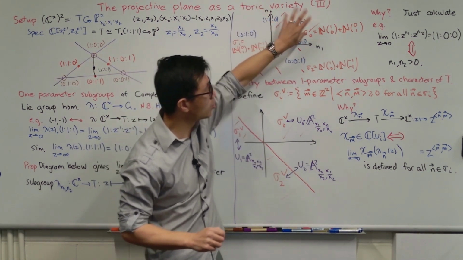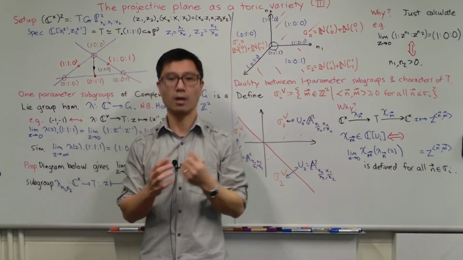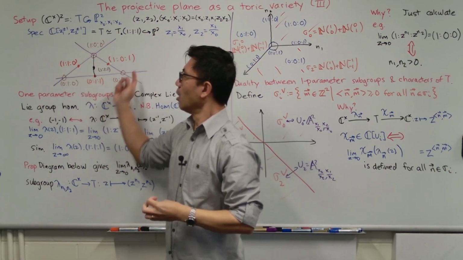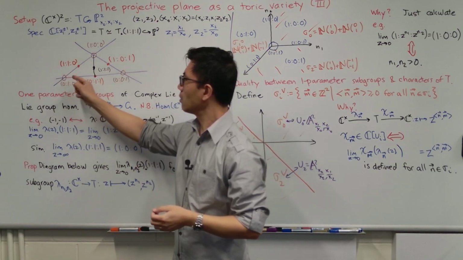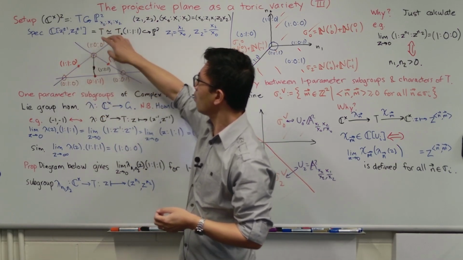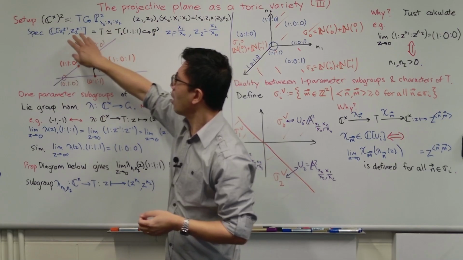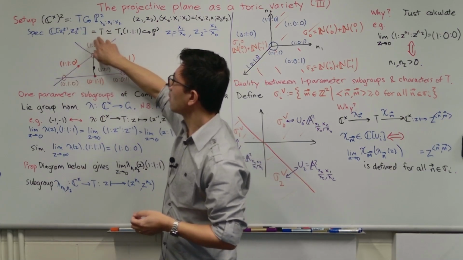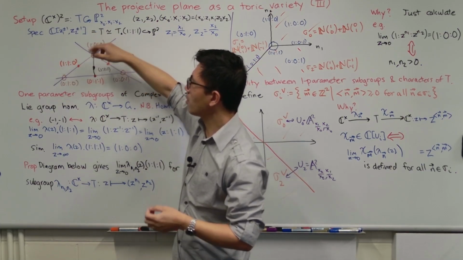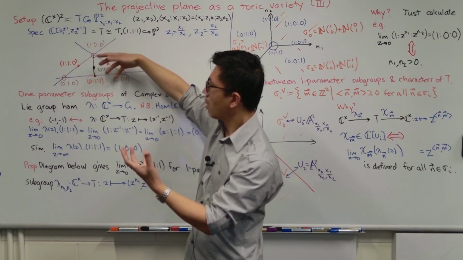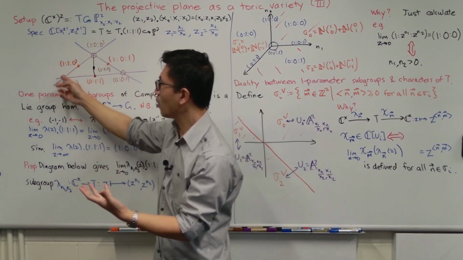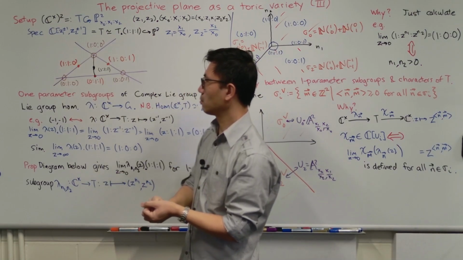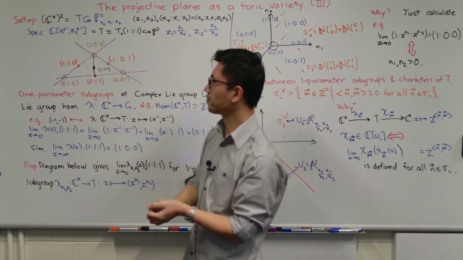They correspond to the two-dimensional regions. We're going to look at all those functions on the torus, on that open dense subset of P2, that happen to be defined at those particular points as well. So that's what we wanted.